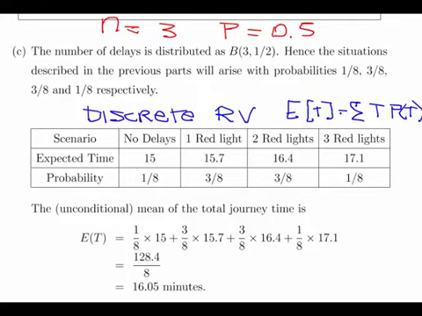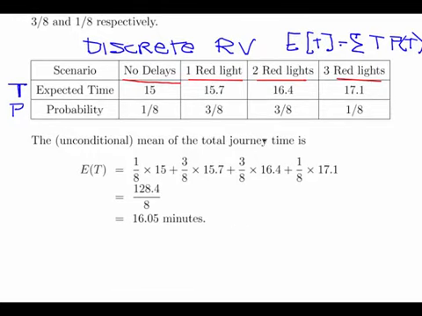Here are our values of t and the probabilities of those expected times for each of the 4 scenarios: no red lights, 1 red light, 2 red lights, and 3 red lights. We have 4 scenarios, the probability of each scenario times the duration. Calculate, add them all up, and then simplify, and you should get 16.05 minutes.